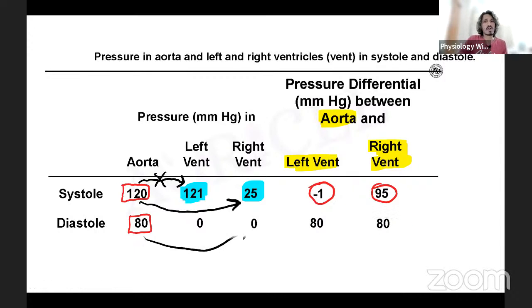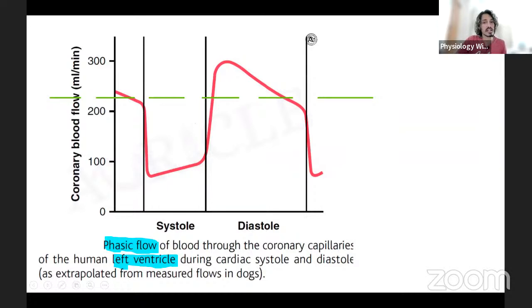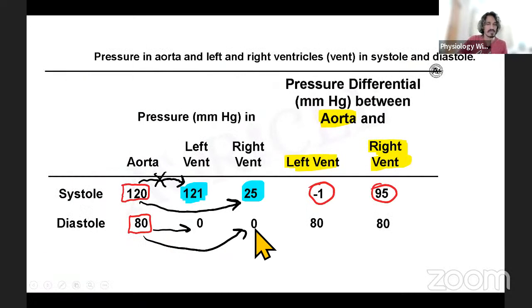But on the other hand, during diastole, the pressure inside the ventricles is near zero. And the minimum pressure outside is your diastolic pressure, which is 80. So obviously that minimum difference is always going to be there. So diastole is never an issue. Flow is going to happen.